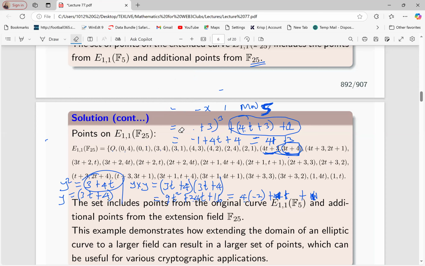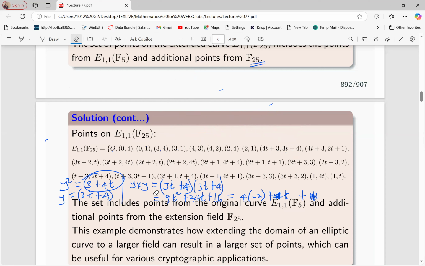So this polynomial has assisted us to get more points on the same elliptic curve. Without this polynomial, without this extension, we would only have gotten 9 points. Then we would not have known that this elliptic curve has even more points. But field extension now teaches us that the elliptic curve can have as many points as possible.